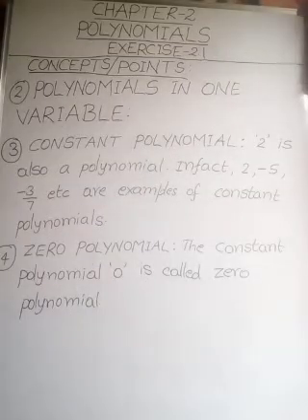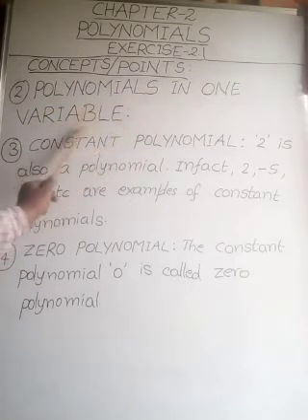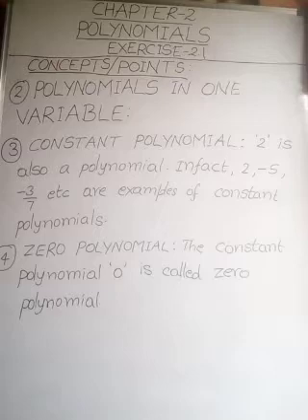So the polynomials which are taken as examples are all polynomials in one variable, because if you observe them, we have used only one variable, the letter x. It may be x cube, x square, or x, but throughout the polynomial we used only one variable. That is why they are said to be polynomials in one variable. Is it clear, my dear children?